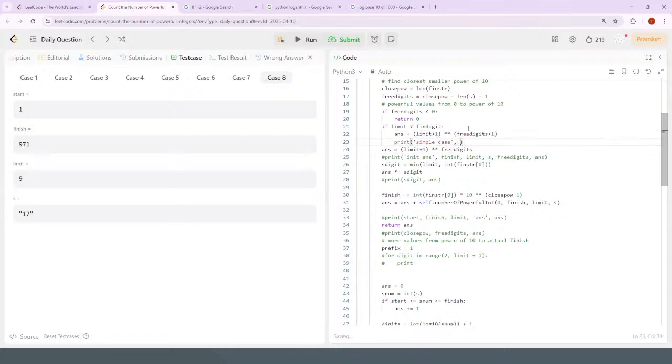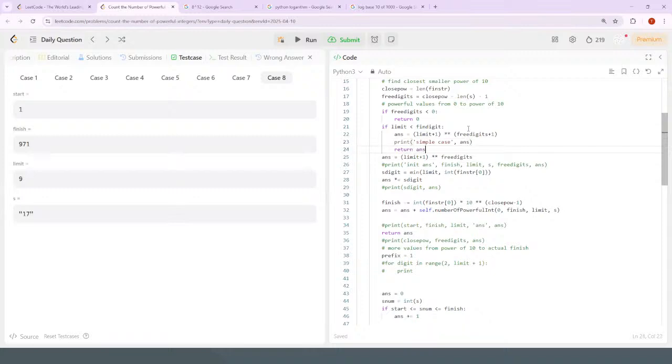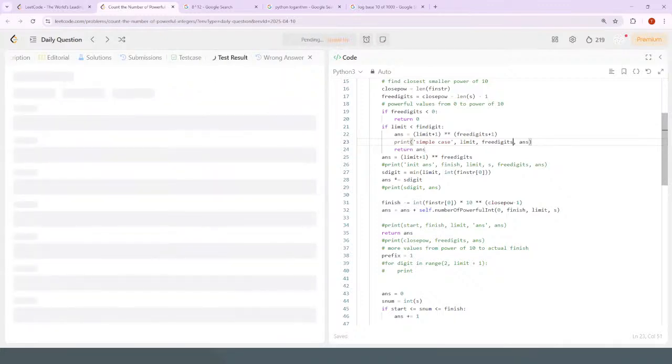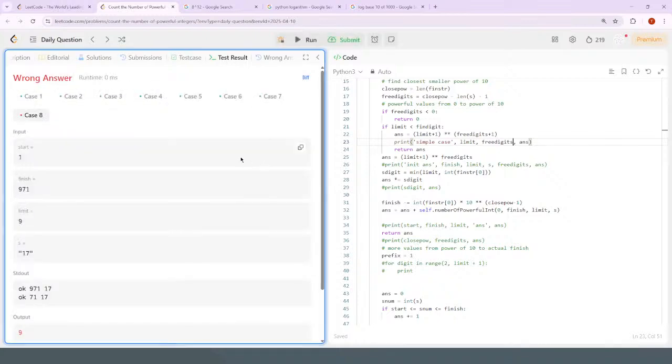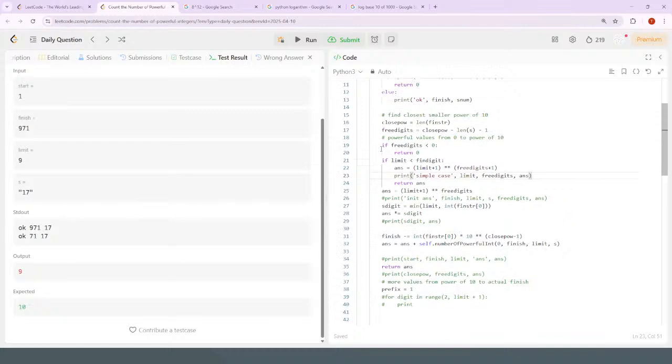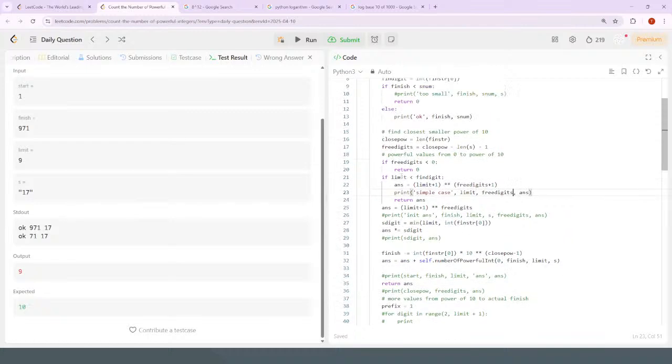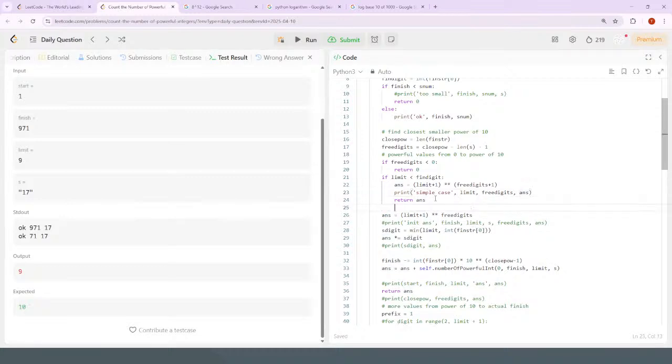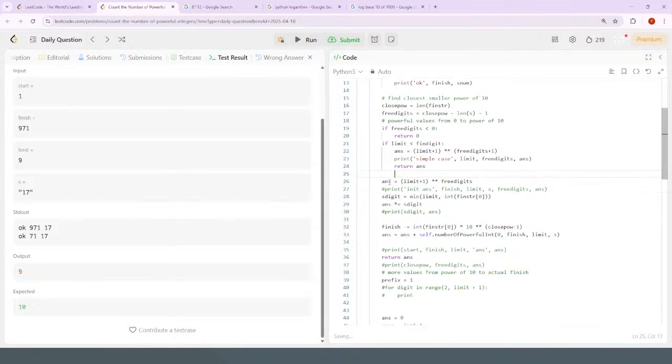And I'll print the simple answer. Say limit 3 digits. Alright, so it doesn't go through the simple case. So this is the non-simple case. So let's print that out.